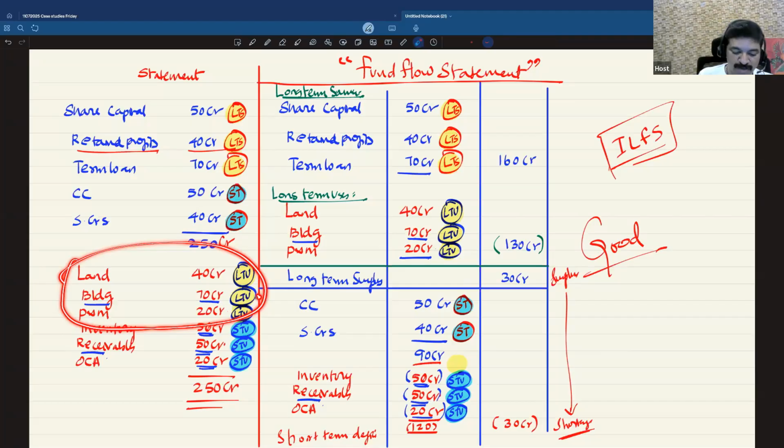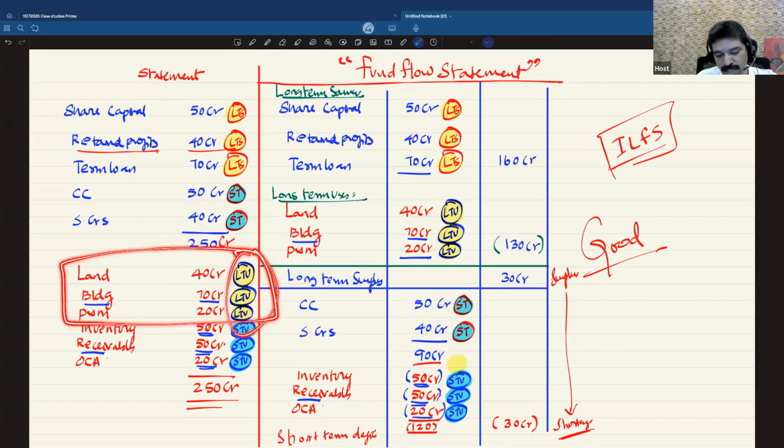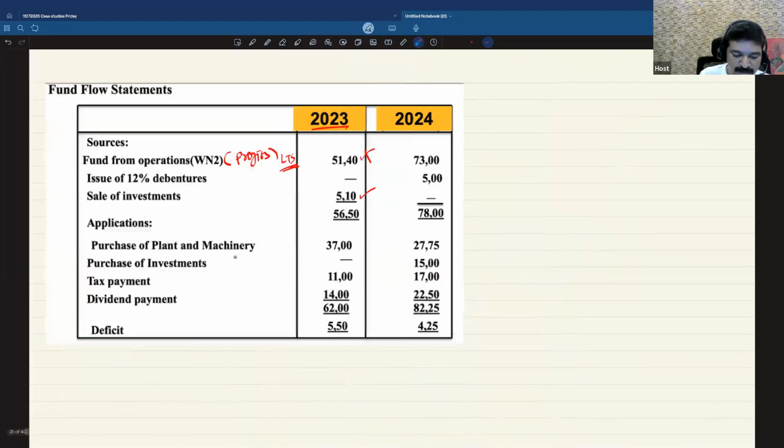On that logic, we are bringing the sale of investment under long-term source as well. So in 2023, their total long-term source is 5,650. The figures are in thousands or lakhs.